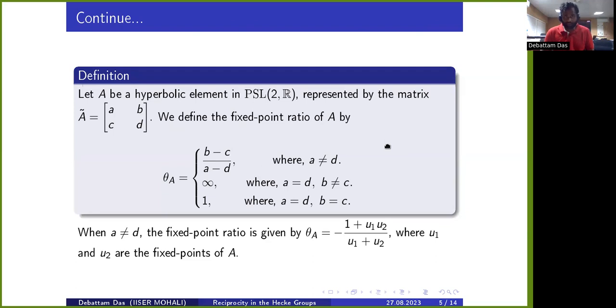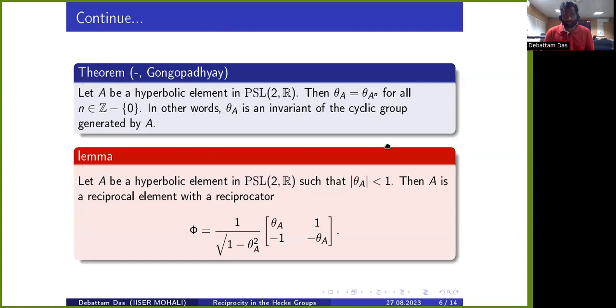When a is not equal to d, the fixed point ratio can be seen as a function of the two fixed points of A. That's why theta A is invariant for the cyclic group generated by A.